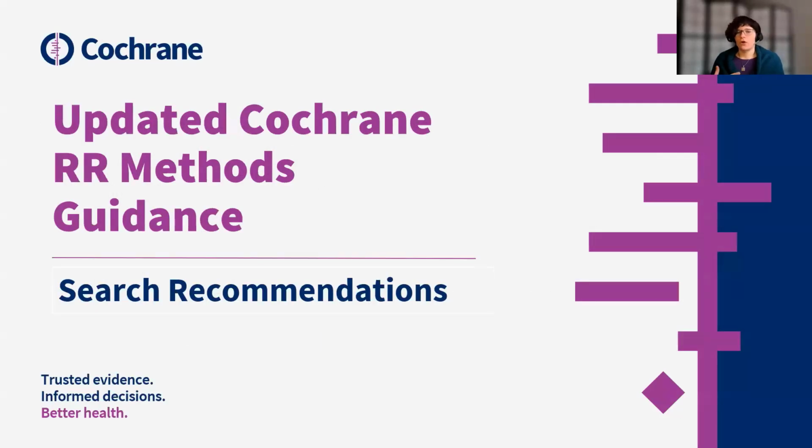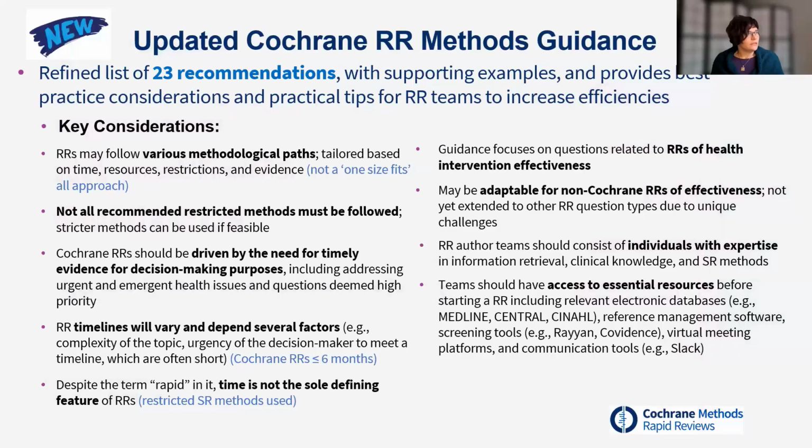And I want to talk a bit about this overall guidance in relation to searching. So the updated guidance has 23 recommendations, and the focus of the guidance is Cochrane reviews of health intervention effectiveness, and it is designed to be adaptable to non-Cochrane reviews of effectiveness.